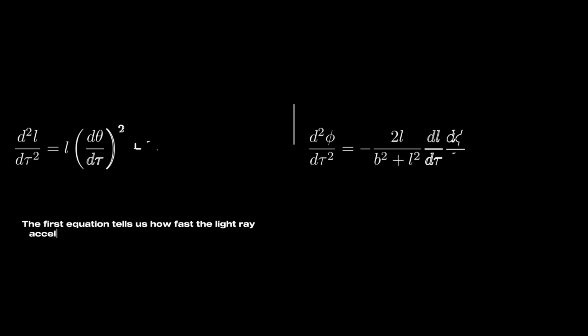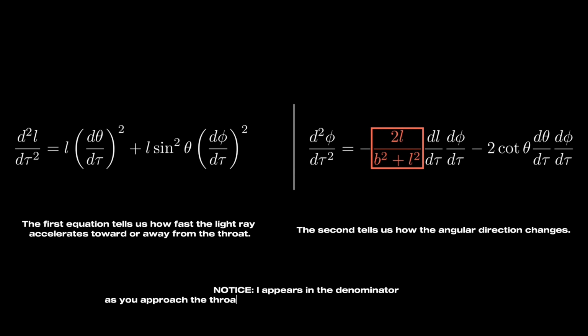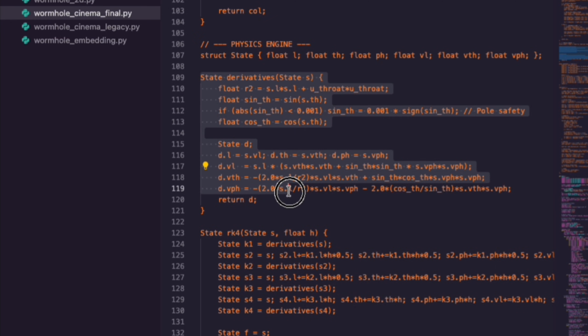The first equation tells us how fast the light ray accelerates towards or away from the throat. The second tells us how the angular direction changes. Notice that L appears in the denominator. As you approach the throat, where L goes to 0, these terms become significant. And these equations directly go into the code that you and I will be building.